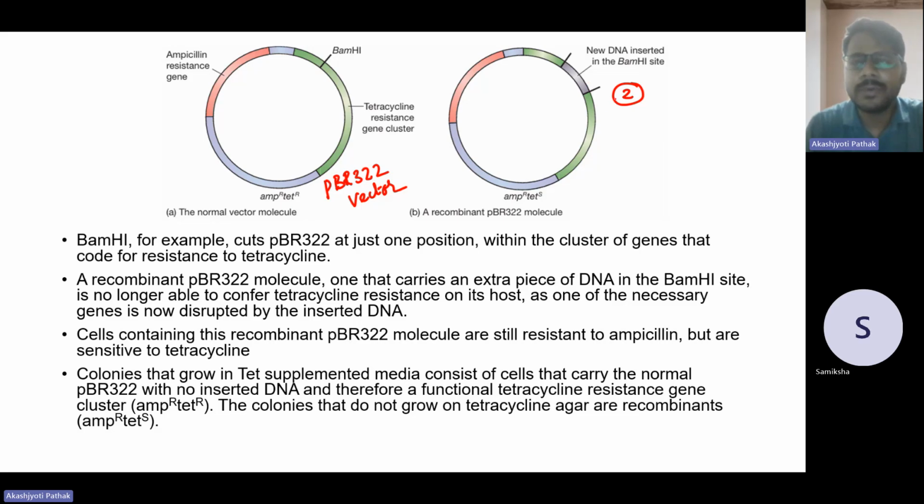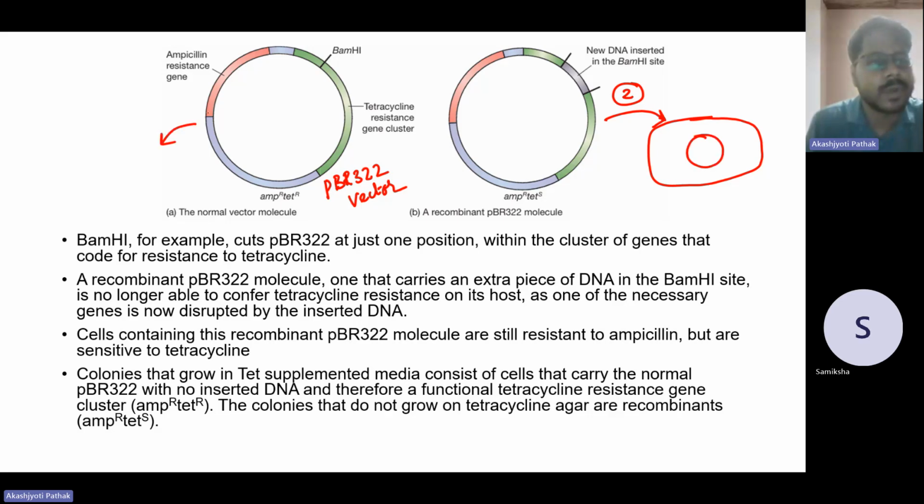Now what will happen if you transform? You have transformed a bacteria with this plasmid vector, and you have transformed another bacteria with this other vector.